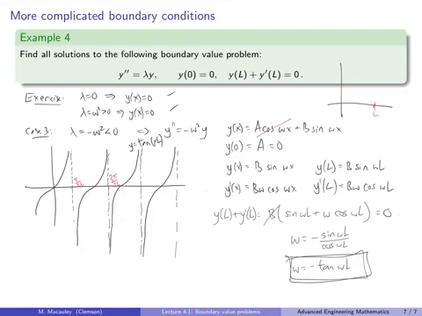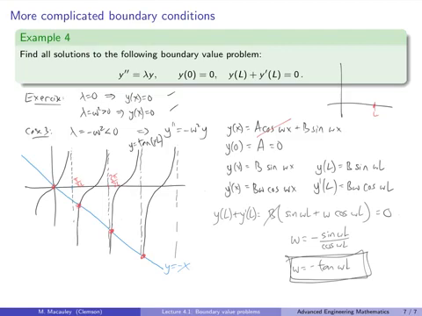Okay, so this is the graph of tangent, and now the graph of negative x, let me draw it like this. This is the graph y equals negative x. The omegas that satisfy this are going to be where these things intersect. And 0 doesn't give us, again, anything new.